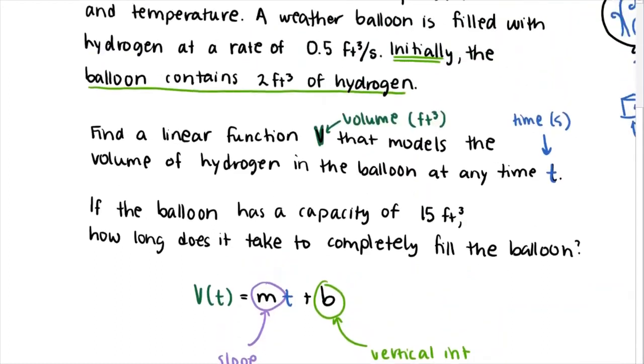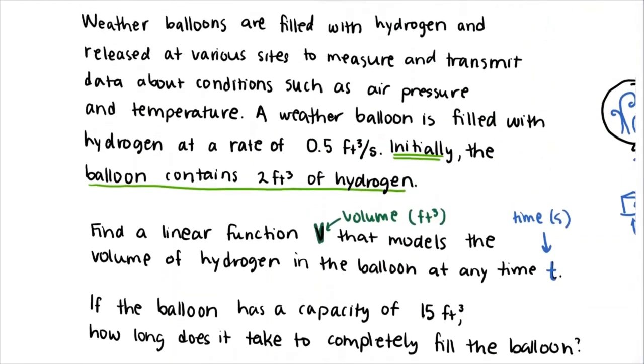So, that's one thing. And then we already see another piece of information, this rate, this 0.5 feet cubed per second. Usually when you see that division sign, it's read as per. And usually when you see that word per, that's telling you a rate.